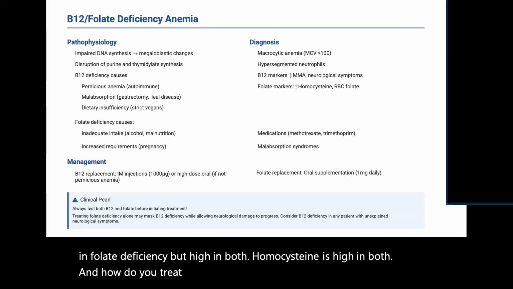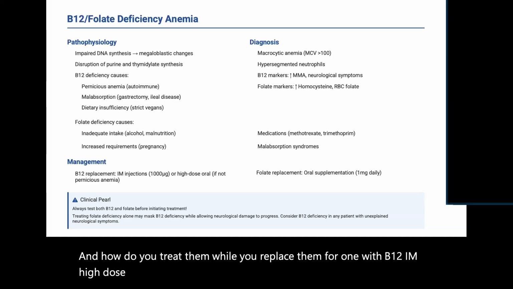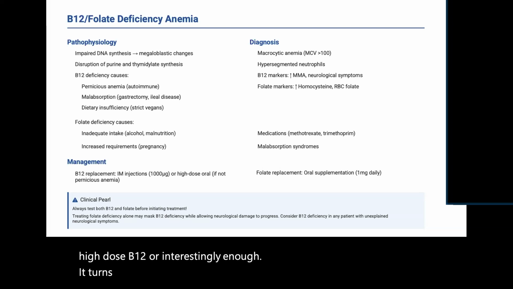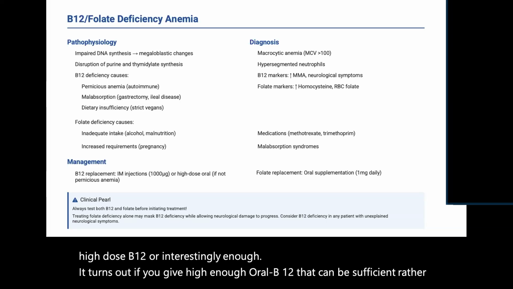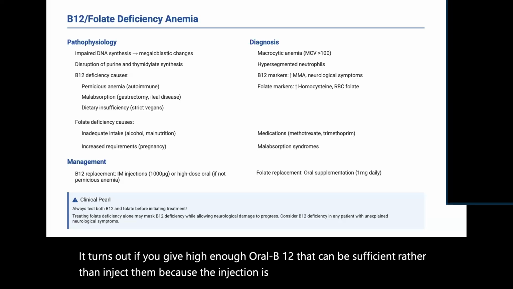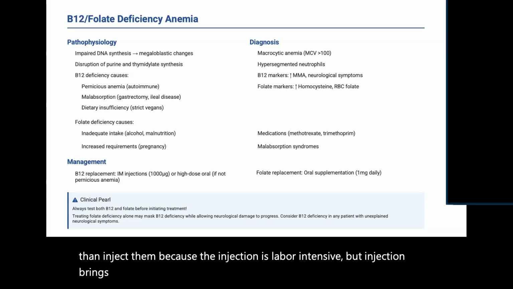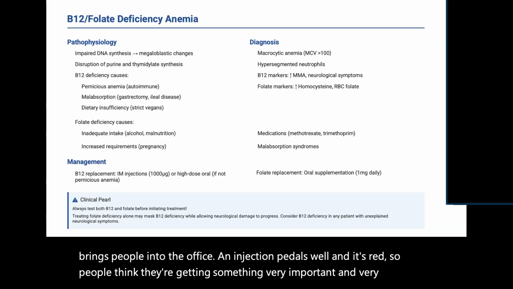Well, you replace them. For B12, you give IM, high dose B12, or interestingly enough, it turns out if you give high enough oral B12, that can be sufficient rather than injecting them, because the injection is labor intensive. But injection brings people into the office, and injection sells well, and it's red, so people think they're getting something very important and very powerful, and they think they're getting a blood shot.